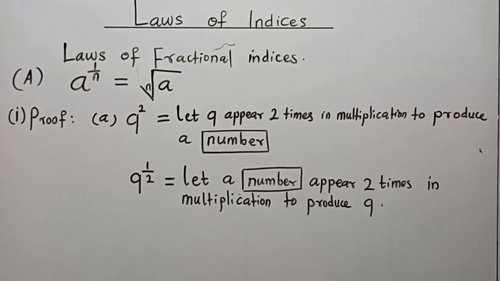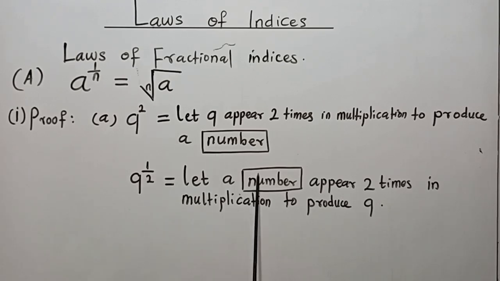In both expressions, or in both meanings, there is one word that is highlighted, and that one word is number. See it here and see it here. We are doing something with it, and that is why we had to highlight it. This number is the number we get after 9 multiplies itself and appears 2 times in the process.